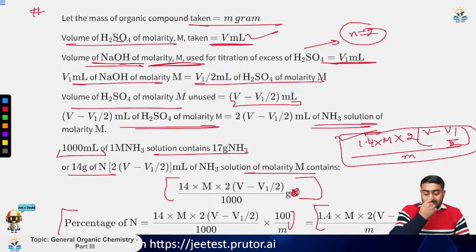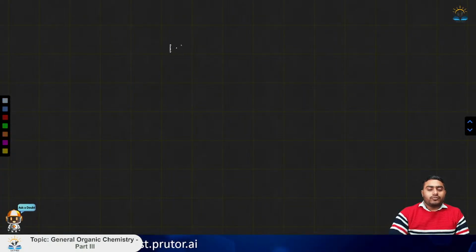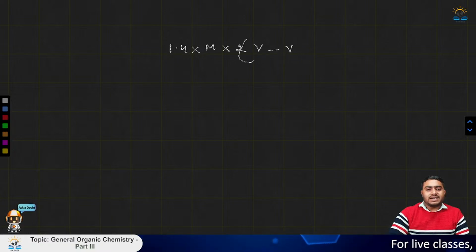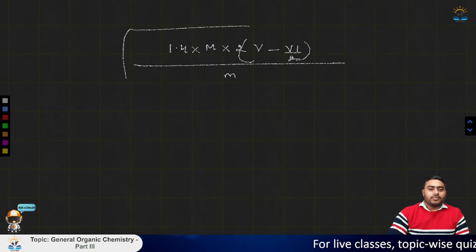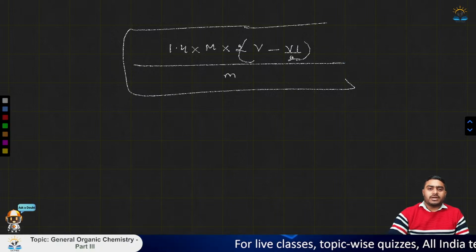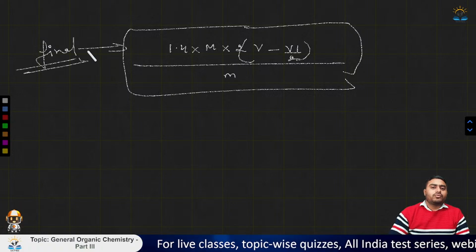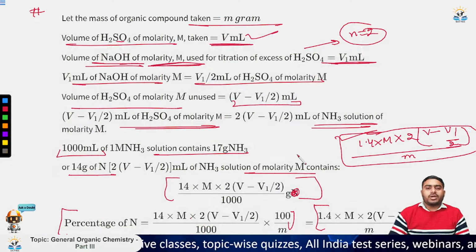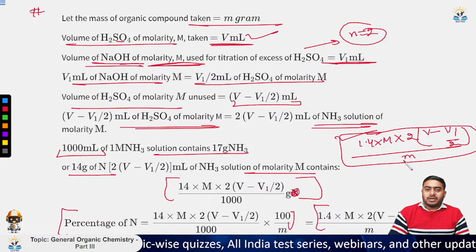Again I am writing the formula: 1.4 into molarity into 2 into V, volume of H2SO4, minus V1 by 2, V1 is the volume of NaOH, divided by small m. In this formula everything is done for the percentage. This is the final formula that we have to learn for the estimation.